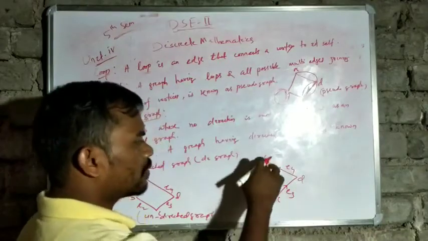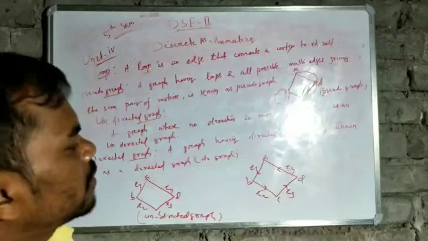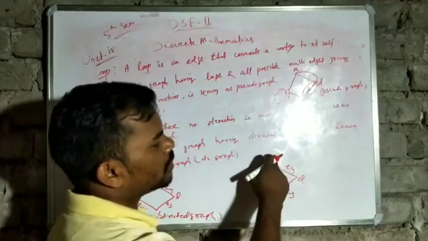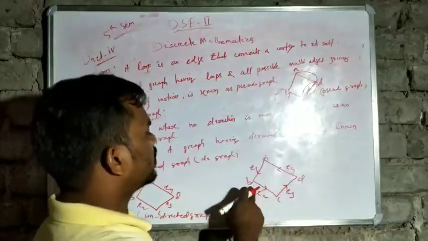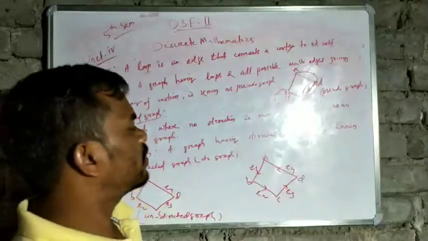So in a directed edge, the starting point is called the initial point and the ending point is called the terminal point.